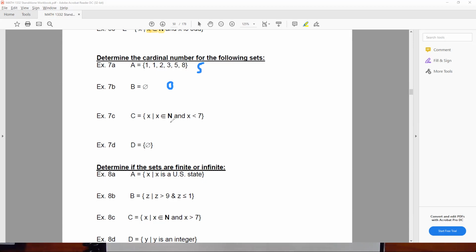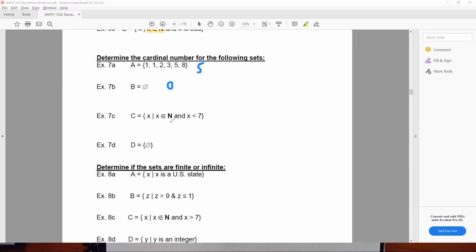But do you see what cardinal means, though, right? It's just how many things are in there. That's what matters. What about 7D? That one's trying to trick you a little bit. Whoa. It's not empty, right? It contains an element. Say 1.